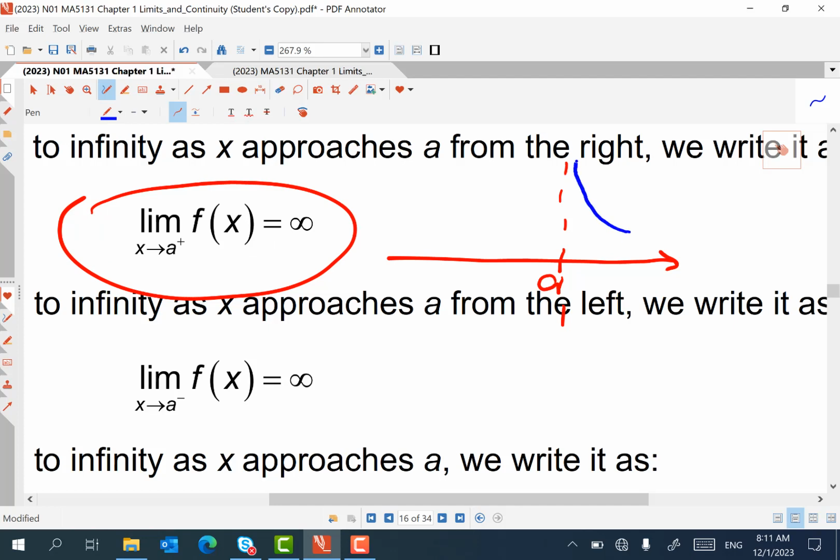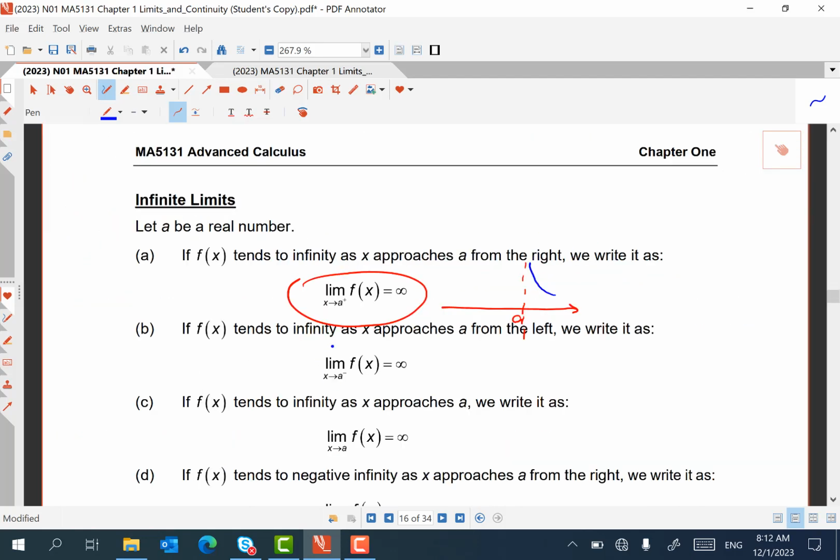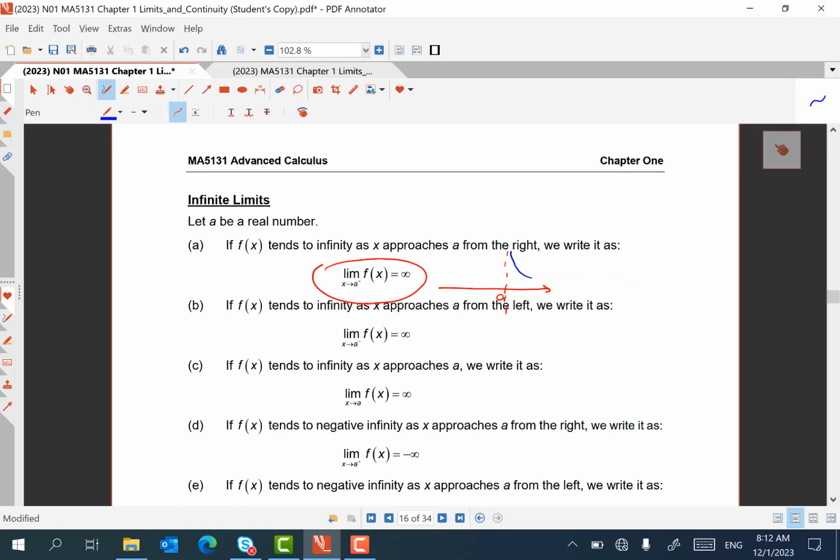Which means at the point A, you actually have a vertical asymptote. So for all these statements, you want to be able to translate them into a diagram like what I've drawn for you for the first one.